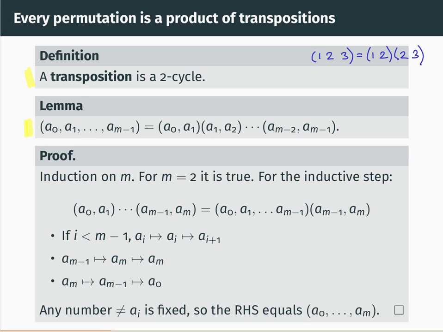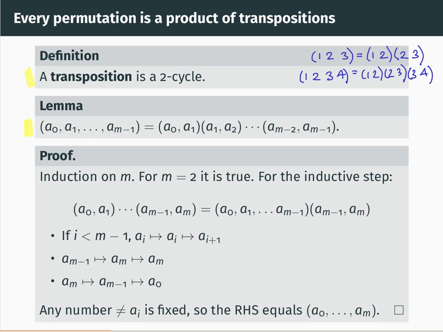So it's a good idea to pause the video and check that that's really true, and that it's also really true that the 4-cycle (1, 2, 3, 4) is equal to (1, 2)(2, 3)(3, 4). Another thing to notice about this lemma is that it's expressing an m-cycle using m minus 1 transpositions.